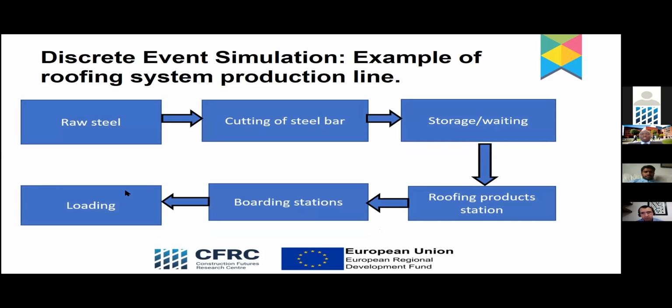So what happens is, through the discrete event simulation, you'll be able to simulate the production capacity of the steel cutting machine, so you know what the machine can produce. Also, you'll be able to recognize the idle time at each station by simulating different scenarios. You'll also be able to simulate the capacity of the human resource that may be required, maybe at the boarding point.